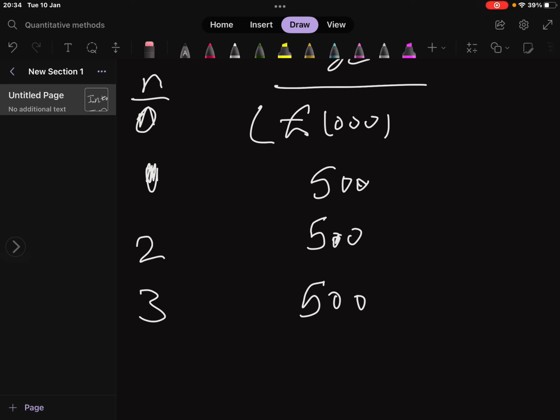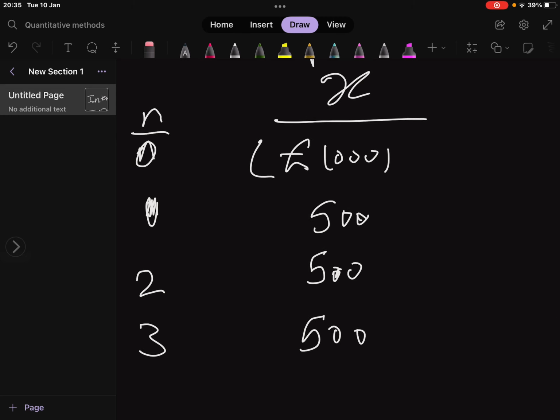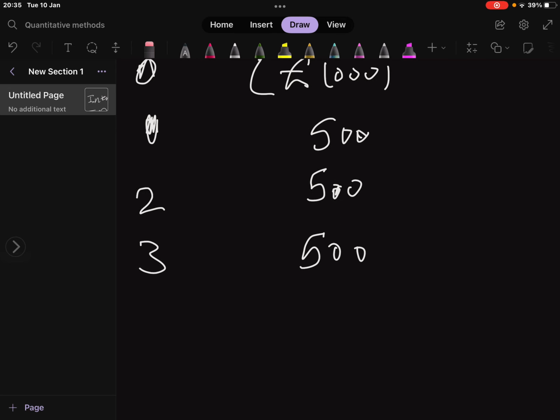In order to calculate the net present value, we will consider the cost of capital. So we can assume that the cost of capital R equals 10%. We will calculate the present value of these three cash inflows and discount them back to time 0.